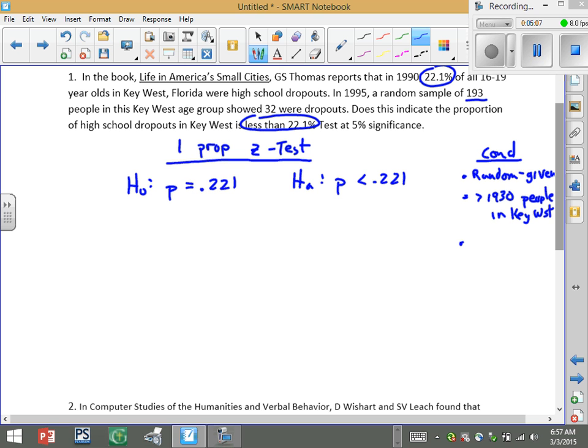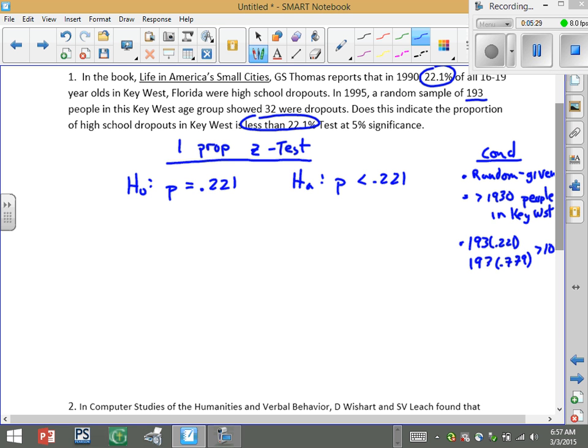Last thing we need to make sure, 193 times our p, 0.221, and 0.779. Those are both going to be greater than 10. All right, so to this point, we can let the calculator take over for us.